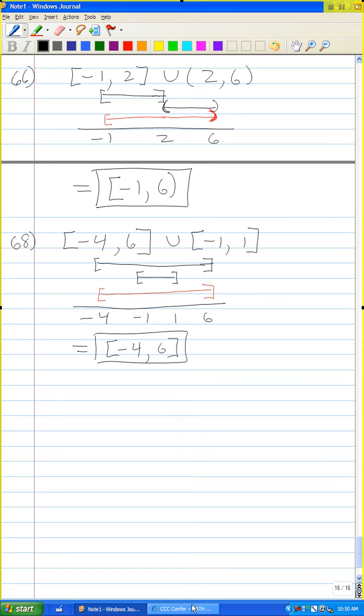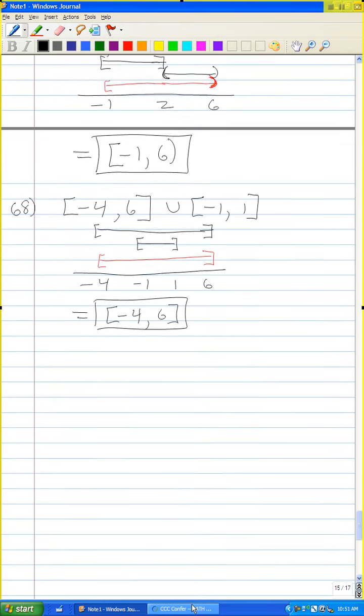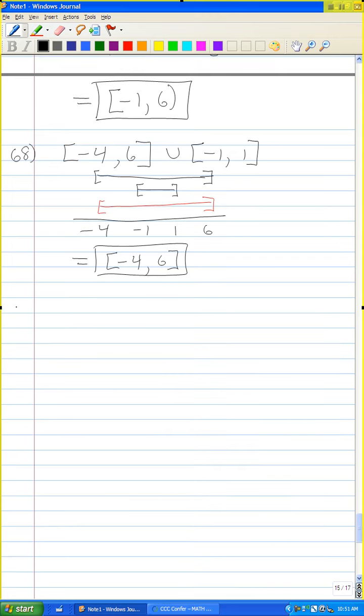Okay. Problem number 70. The closed interval 3, 5, union the closed interval 4, 10. And so 3, 4, 5, 10.